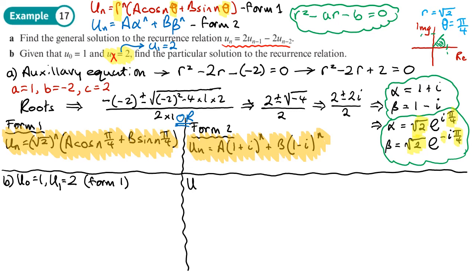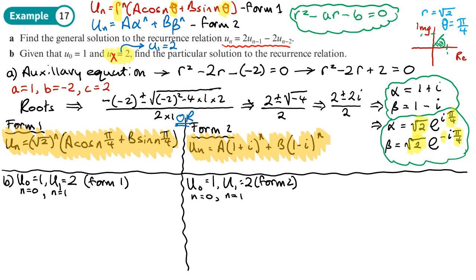That should be u1, not u2. Right, so let's just write down the u0 equals 1 and the u1 equals 2. So remember, the 0 here means that n is going to be equal to 0, and here n is going to be equal to 1.